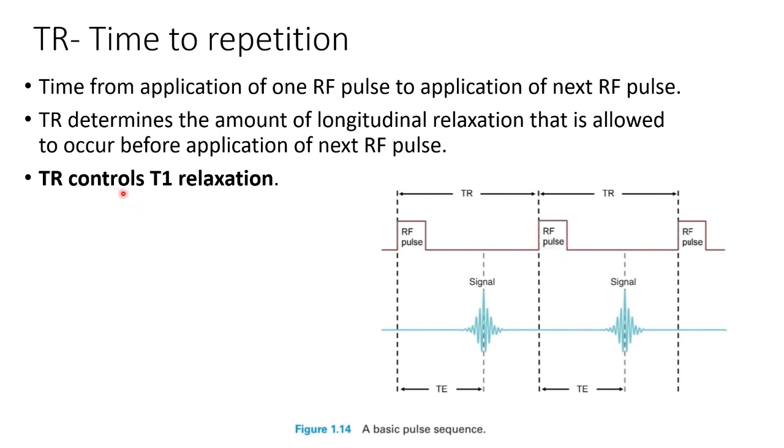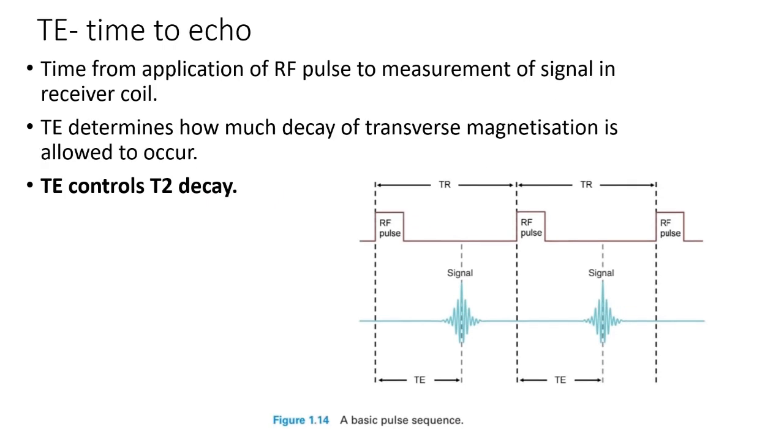So TR controls T1 relaxation. TE, or time to echo, is the time between the application of the radio frequency pulse and generation of the maximum MR signal. So controlling the TE also controls the amount of T2 decay that happens. So TE controls T2 decay.